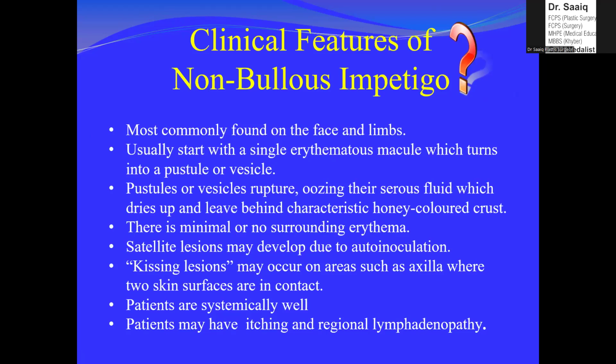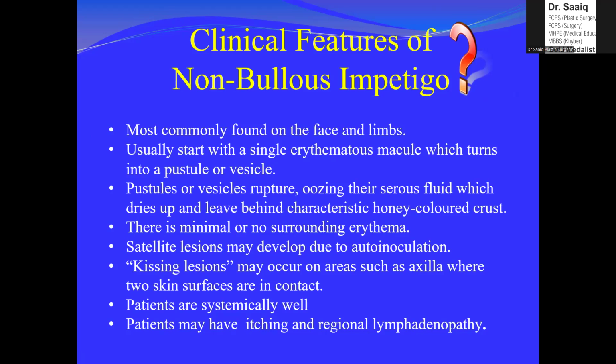Non-bullous impetigo is more prevalent, and the lesions may be found on the face, hands, feet, and other parts of the body. Typically, it starts as a single erythematous macule, which then progresses to become a pustular vesicle. Once the vesicles rupture and are deroofed, they ooze out serous fluid, which dries up and leaves behind a characteristic honey-colored crust.